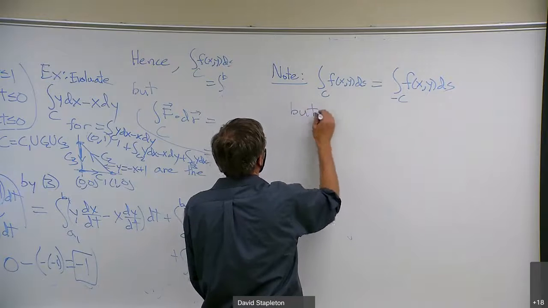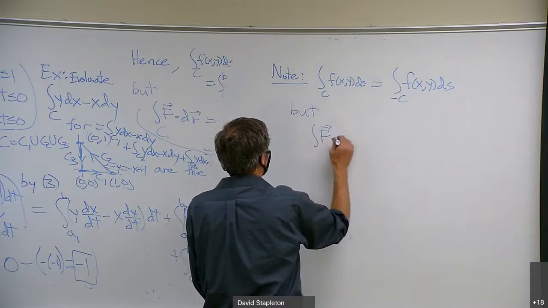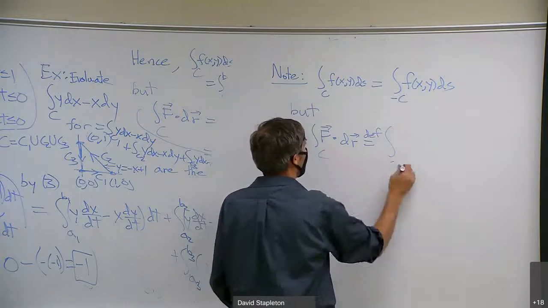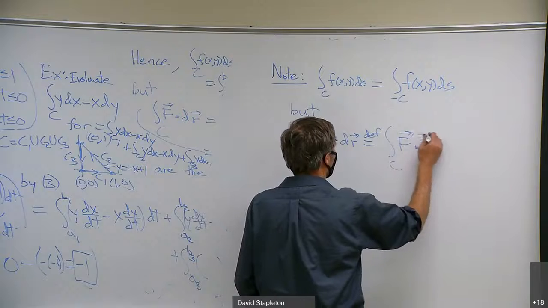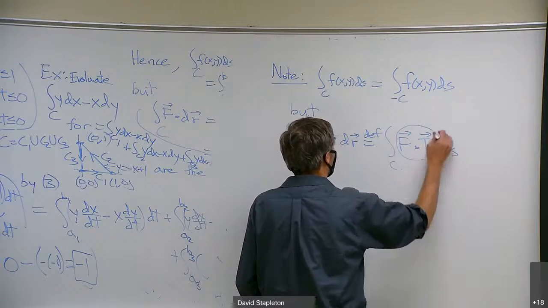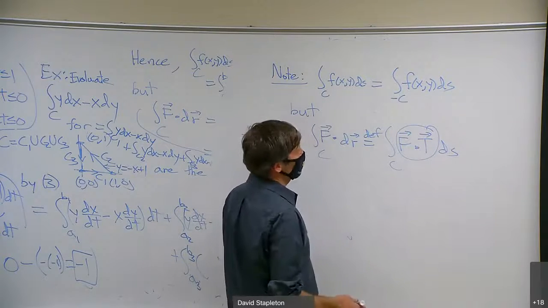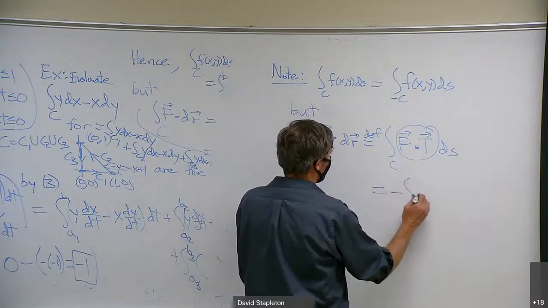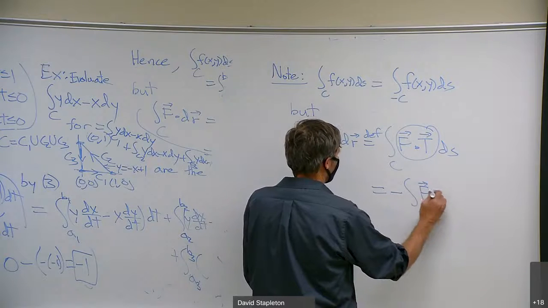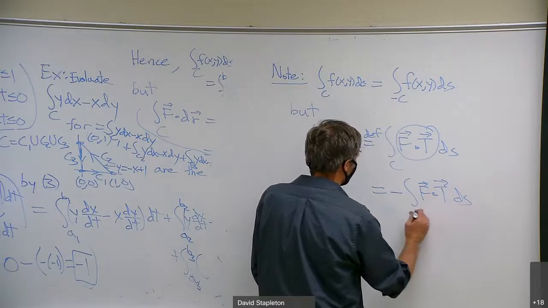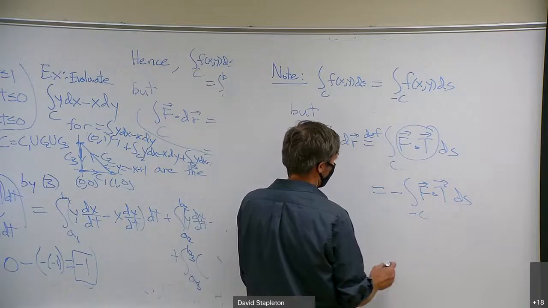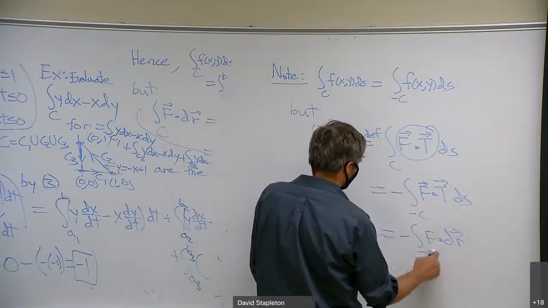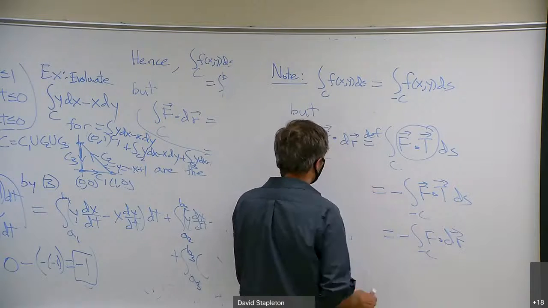But if you do the vector line integral, f dot dr is defined to be the integral of f dot t ds. And what happens is the integrand changes direction depending on which direction you're moving, right? So this is actually minus the integral of f dot t ds along the curve minus c, which is minus the integral of f dot dr. So the integral along minus c is minus the integral along c.